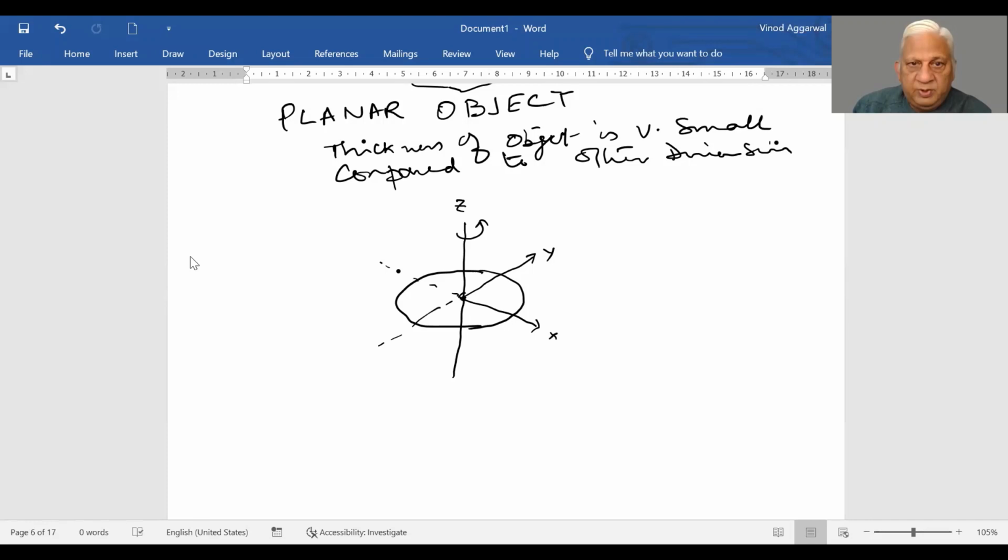Now, as per the theorem, the moment of inertia about the Z axis is equal to the moment of inertia about the other two axes which are perpendicular to each other.